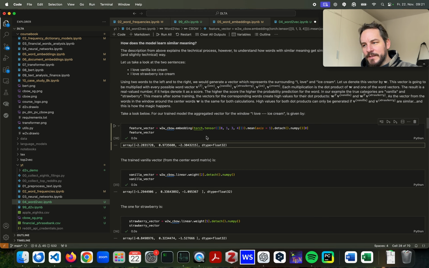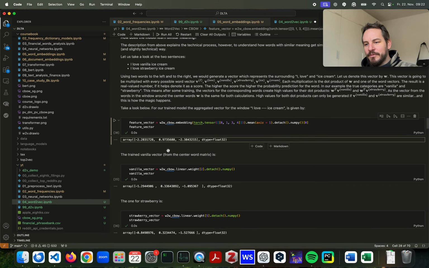Now, the goal of a successfully trained model is that if we take a look at the target vectors of the actual words vanilla and strawberry, and calculate the dot product of the feature information and the corresponding target vector, it is supposed to be a large positive number, because later when such a number is transformed to probabilities, it is also going to be a large positive probability.